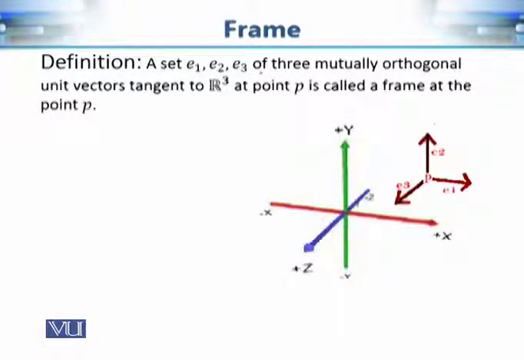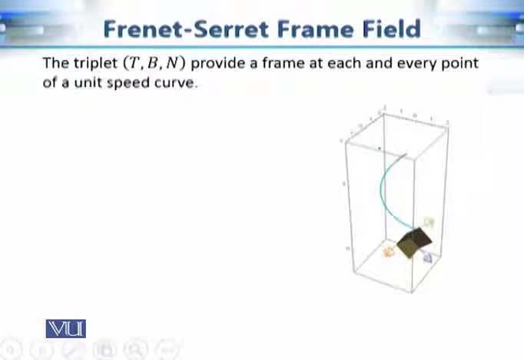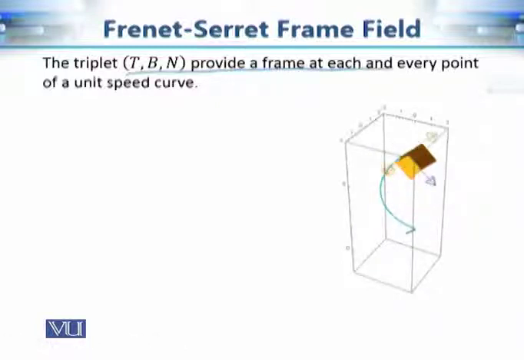Now, a set of three mutually orthogonal unit vectors in R3 at a given point is called a frame at that point. This information is important because now we have a frame at each and every point of a unit speed curve. So given any curve in R3, at each particular point we have three mutually orthogonal unit vectors, and this is not just an ordinary frame. Let me rephrase this.